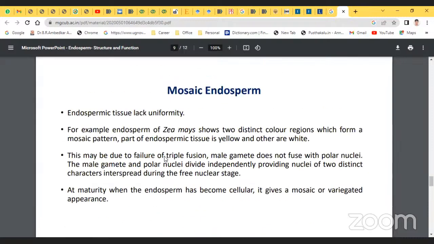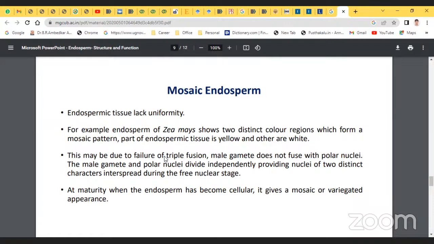So here, the mosaic endosperm. It is one special endosperm, where the endospermic tissue lacks uniformity. For example, the endosperm of Zea mays shows 2 distinct color regions, which form the mosaic pattern. Part of the endospermic tissue is yellow and the other is white. This may be due to the failure of the triple fusion.